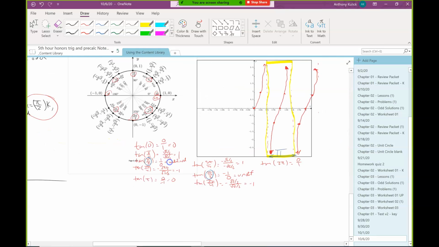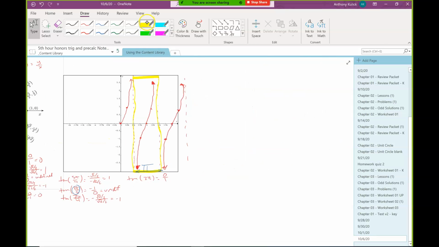Now you'll notice that when we did this, we have this period here that I highlighted, right? Typically when we list the key points, we're going to use that period here. The reason we do that is we want the origin as one of our key points.